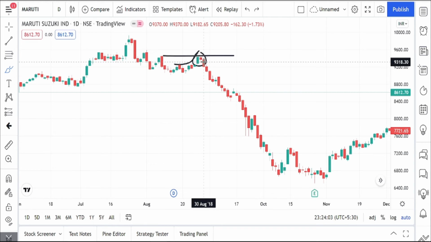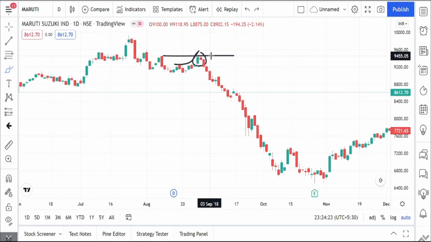So it is clearly satisfying the rules of a Harami pattern, since the previous trend is an uptrend and the pattern has formed at the top of an uptrend. So we can clearly say that it is a bearish Harami pattern.